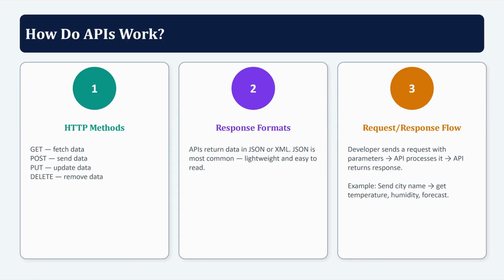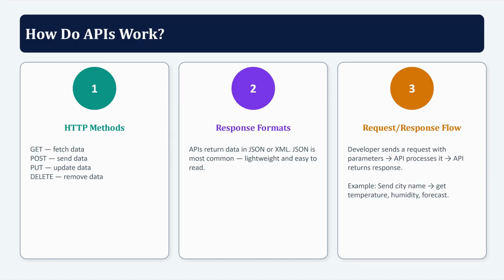How do APIs work? Well, first off, there are the HTTP methods, so we can get data, post data, put data, and delete data. There are also response formats: APIs return data in JSON or XML.